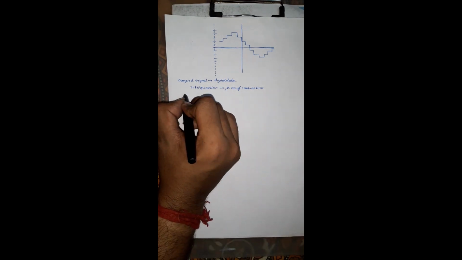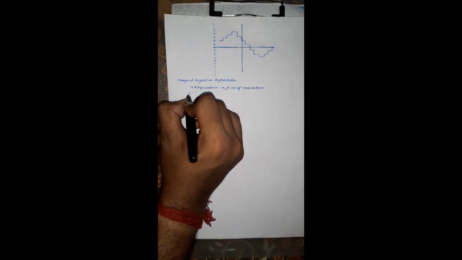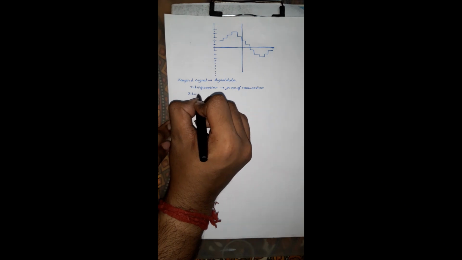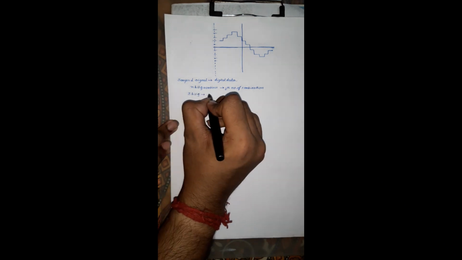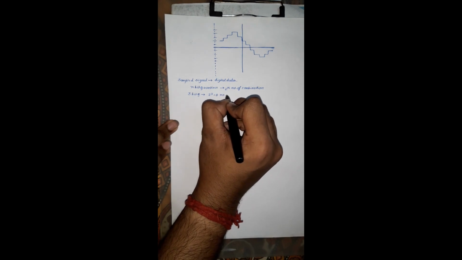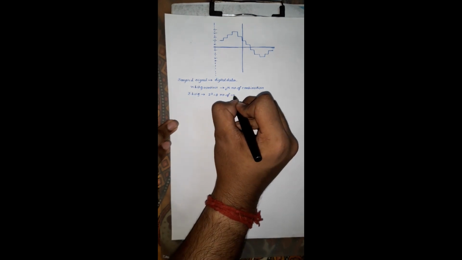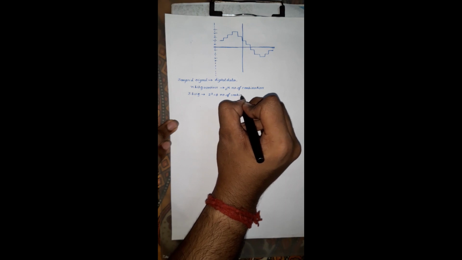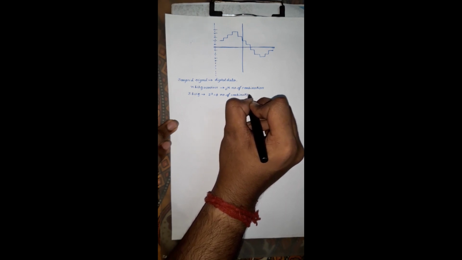That means if we consider a 3-bit quantizer, it can generate 2 to the power 3, that is, 8 combinations of data.